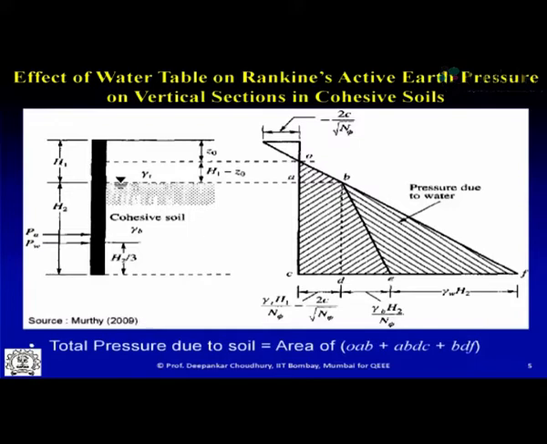And if it is for water, then that value of Ka becomes 1. That also we have seen. So we have to add that water pressure separately with this earth pressure to get the total pressure acting on the wall.